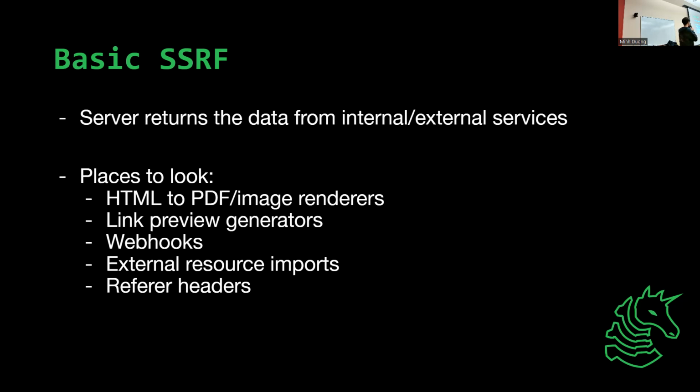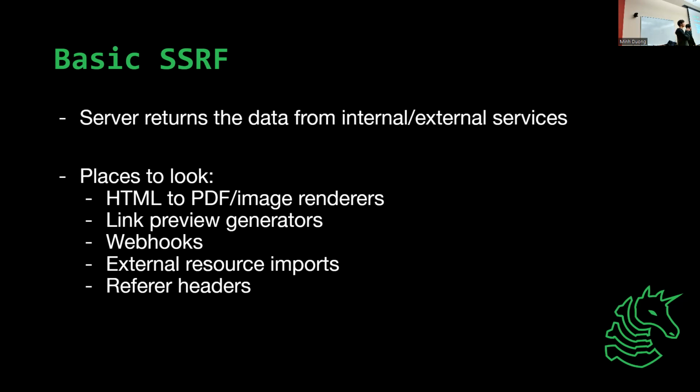And generally, anywhere you see external resource imports, so let's say something like Google Drive or Google Slides, if you can import an image from a URL, maybe you could import something like a secret value or secret URL instead. And another thing, there's the referrer header.